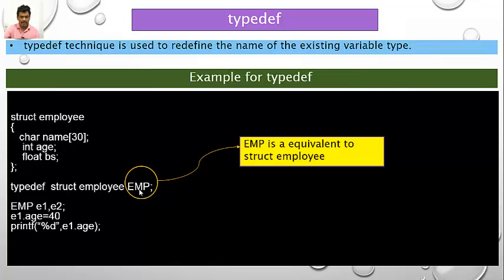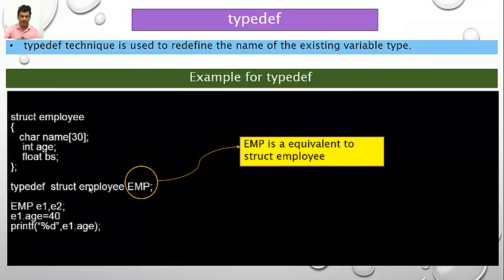Here we typedef. Struct employee is the declaration name, that is the declaration type, the data type. So we give EMP, capital EMP, as the substitute name for struct employee.